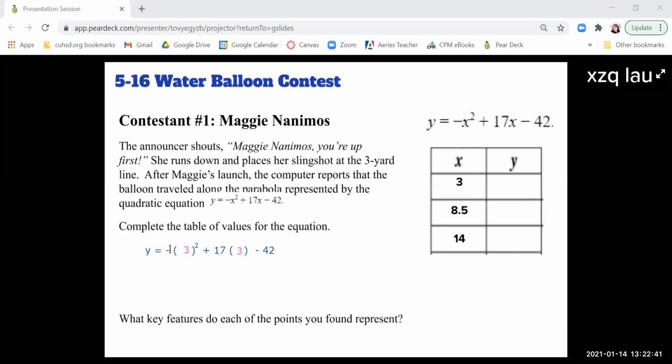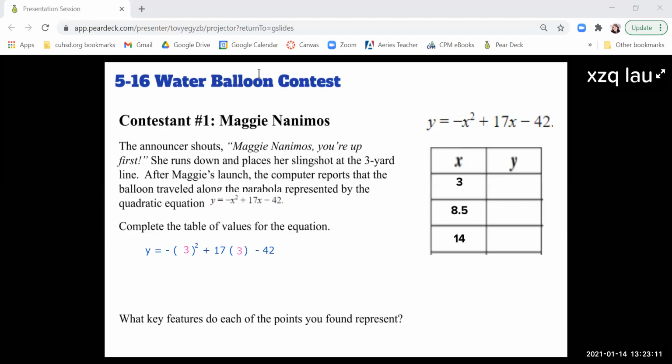Notice how the negative in the front is not inside the parentheses, it's outside. That's a very important detail. In the original equation, the squared exponent only applies to the x, not to the negative. So when you punch this into your calculator, that negative is just out in front. You're squaring the 3, but then it gets the negative after that, okay?